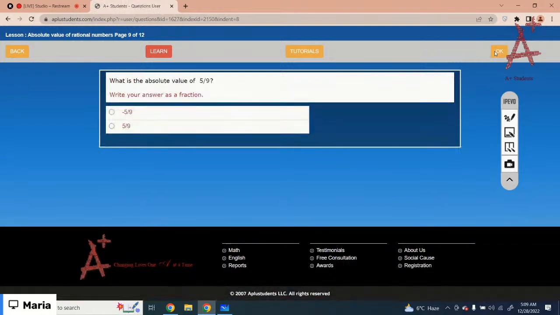Okay, what is the absolute value of 5 by 9? Yes, it is 5 by 9. Got it? So just select the correct option, then click on the OK button.